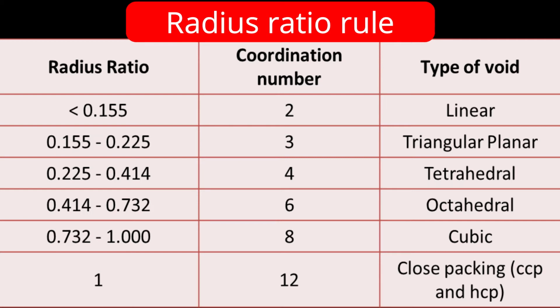Here what we will do is get the data for the size of the cation and anion, meaning the radii of cation and anion, and find the ratio of them, where that ratio stands. Accordingly, we will get an idea about the void and about the coordination number.